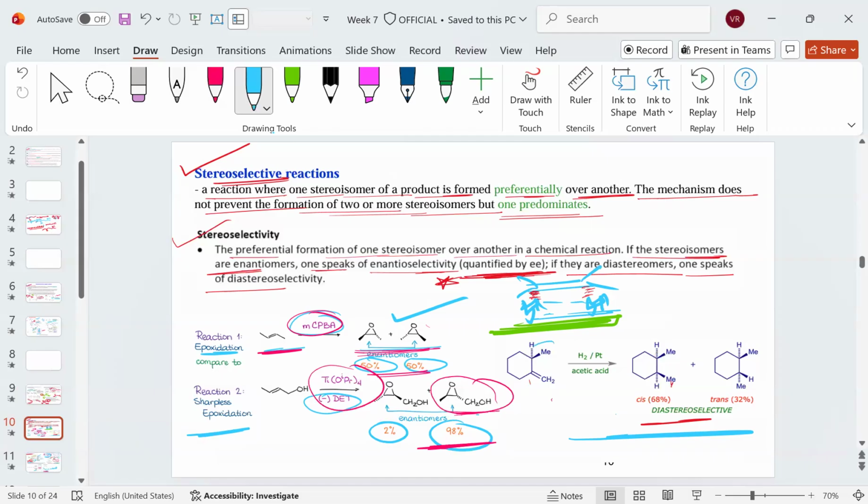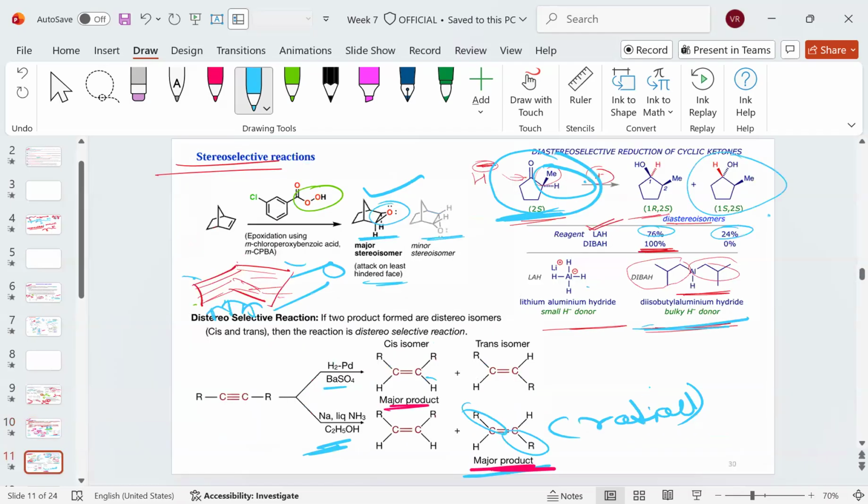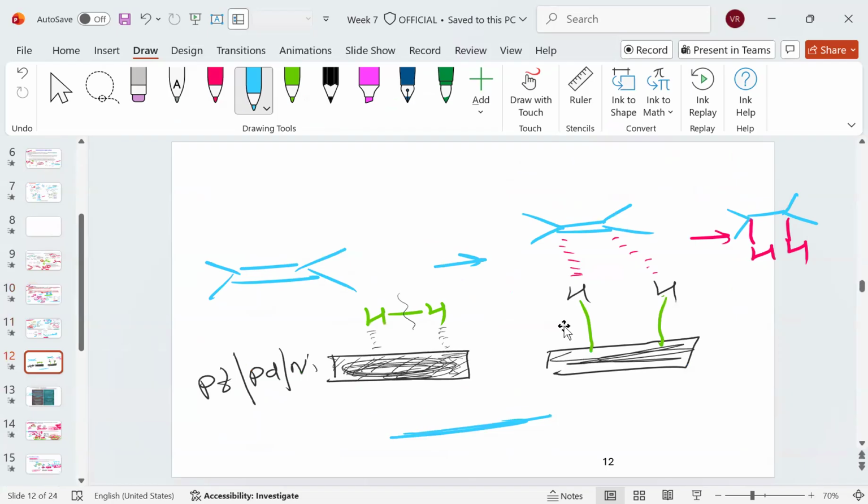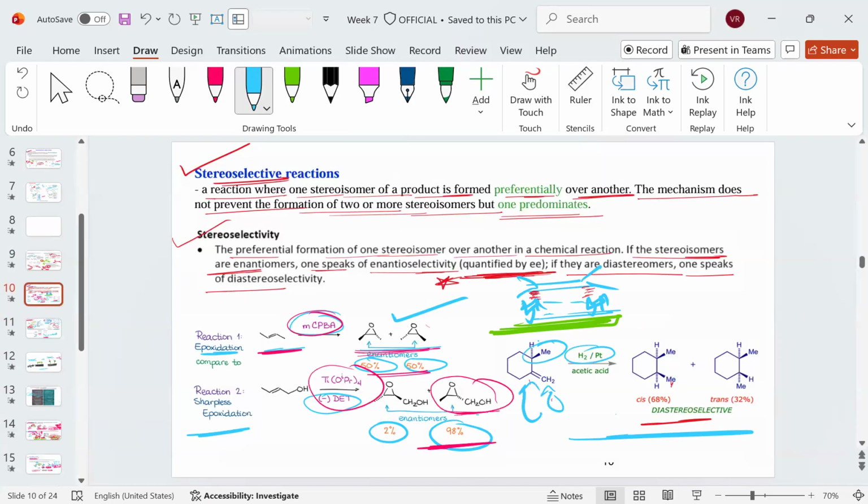In this case, because of the steric crowding of this methyl group, the hydrogen addition takes place from the bottom side. We have also seen the mechanism of this metal-catalyzed hydrogenation. Since there was one chiral center already present, it is a diastereoselective reaction.